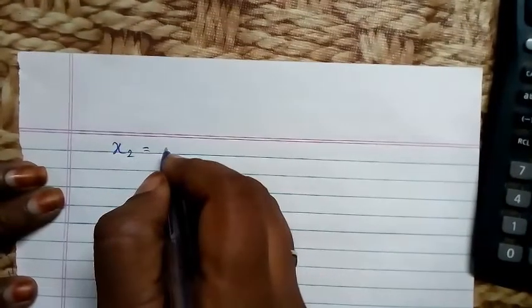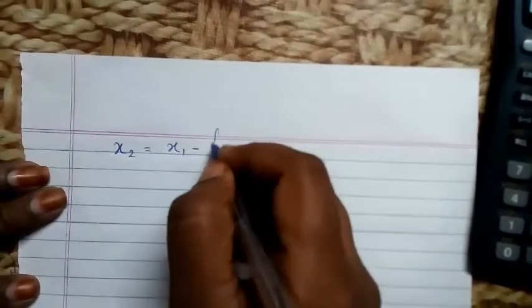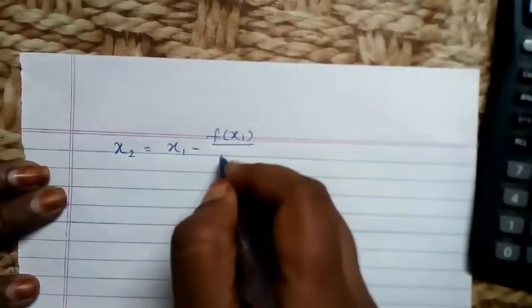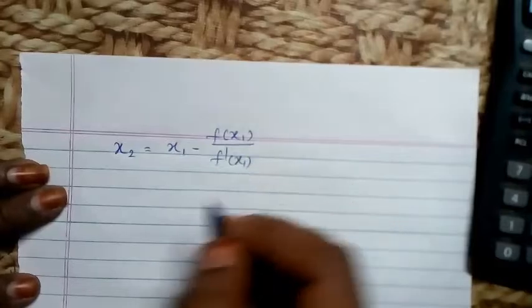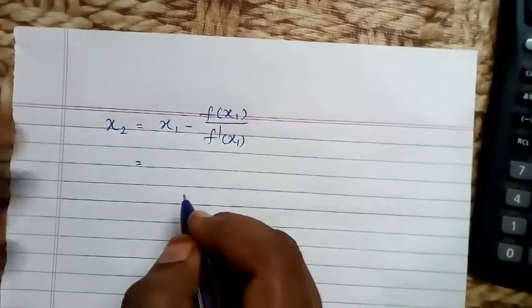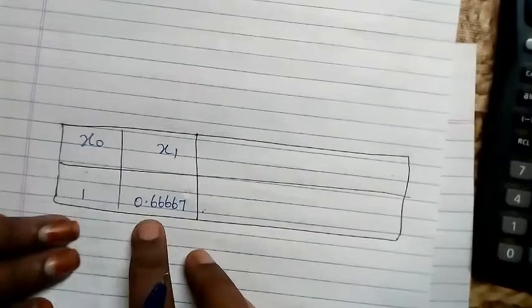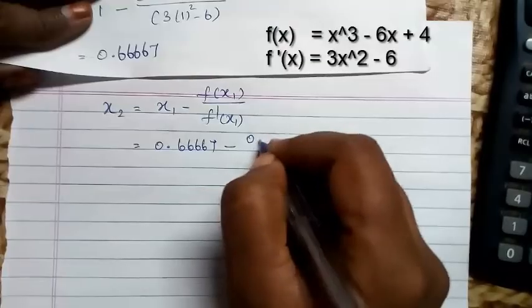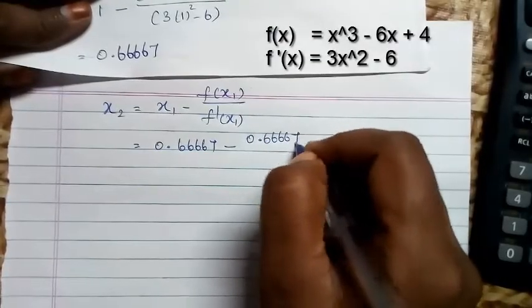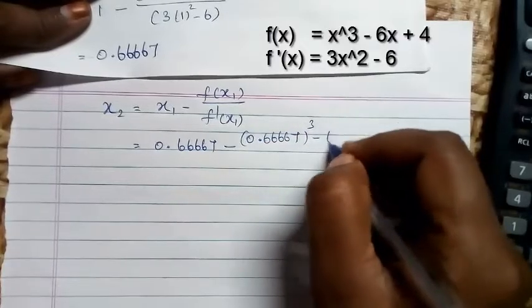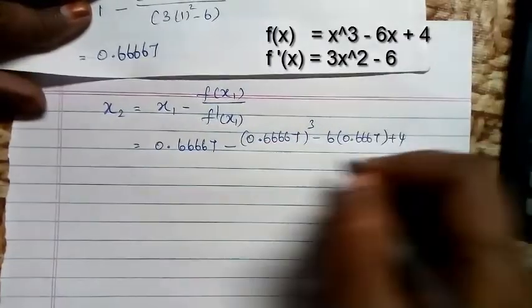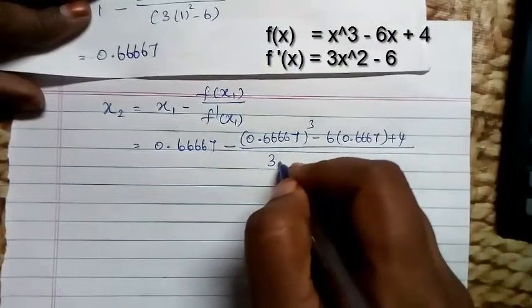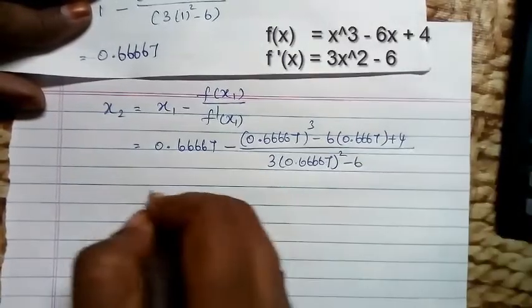Now we'll find x2. x2 is equal to x1 minus f(x1) divided by f'(x1). Just substitute the values. We got the value of x1 as 0.66667, so it is 0.66667 minus (0.66667 the whole cube minus 6 into 0.66667 plus 4) divided by (3 into 0.66667 whole square minus 6).